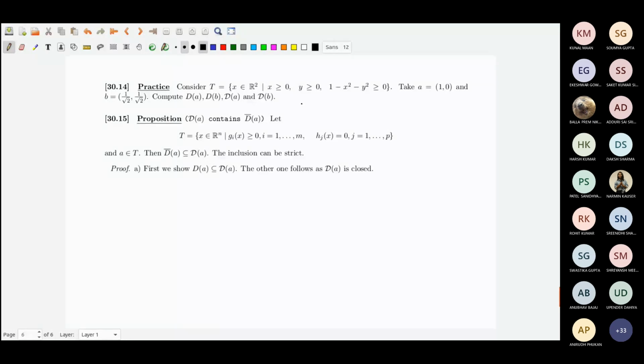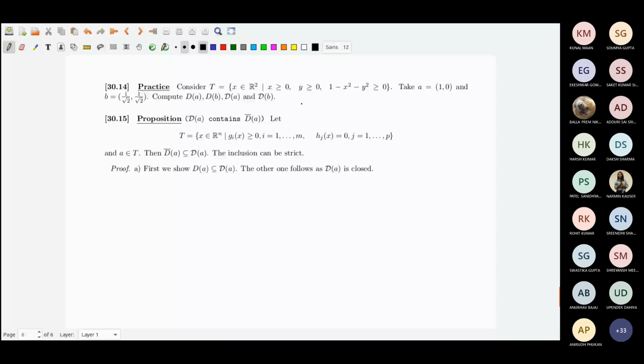Remember, though, the inclusion can actually be strict. We'll show that inclusion can actually be strict, and we'll show that equality happens when all these constraints are linear. You remember here the constraints that we had, all of them were linear, just like our LPP, and that is one of the cases where it is equality. We'll come to that.